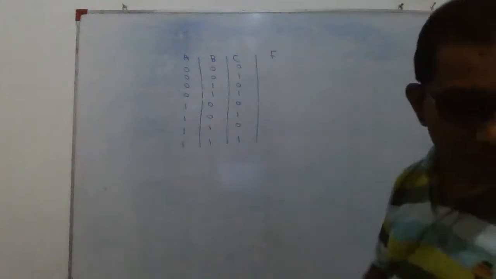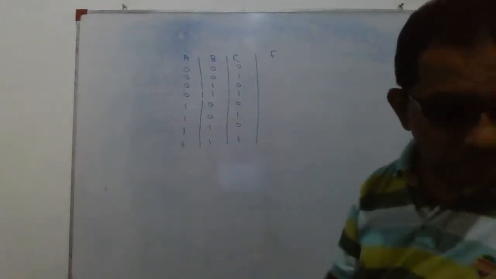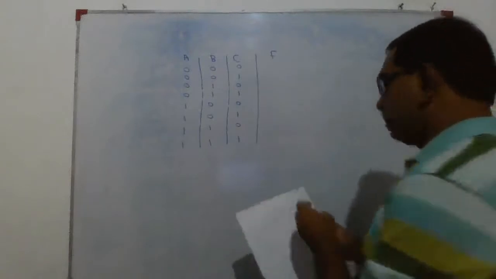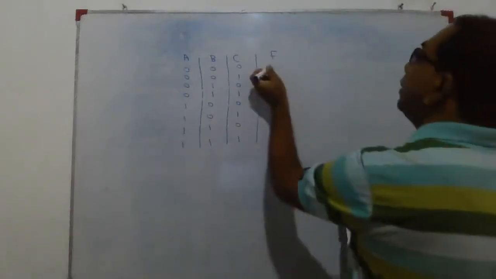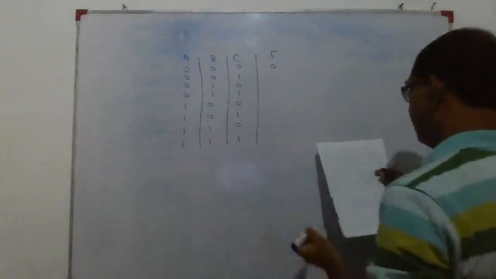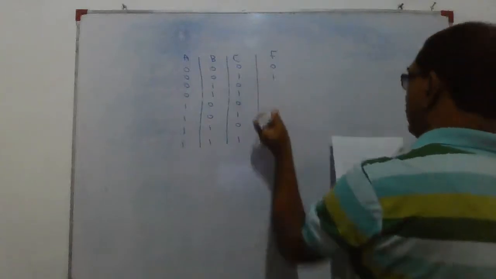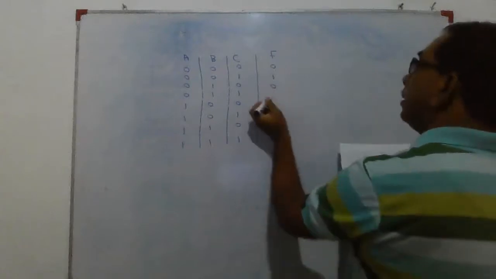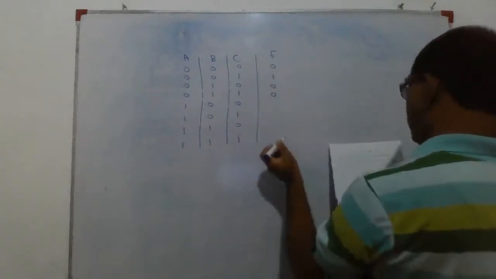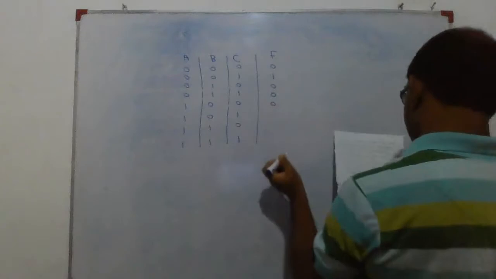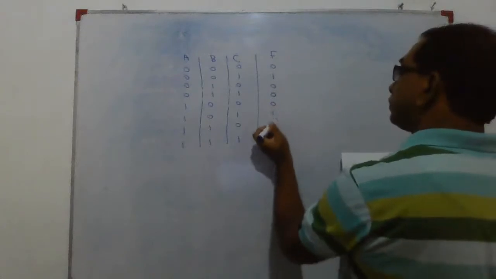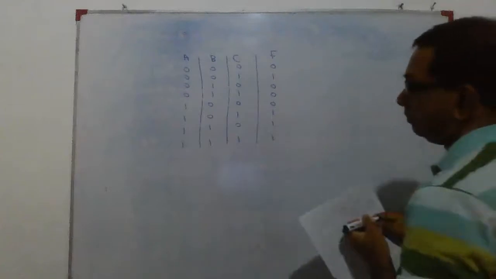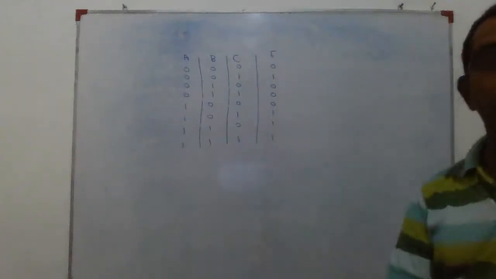This time I have an output like this. This one is 0. Here output is 1, then 0, again 0, again we have 0, 1, 1, and 1. This is the outcome.